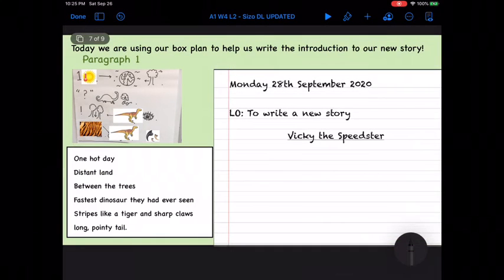We're using our story map and we're using our story plan, our plan box, to remind us how we can turn this into a story with sentences, because on the left hand side you can see here that that's not a story, that's just notes to remind us. So one hot day. I think we might change that to one hot and humid day, and remember the next part of the story.